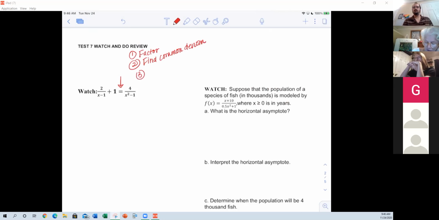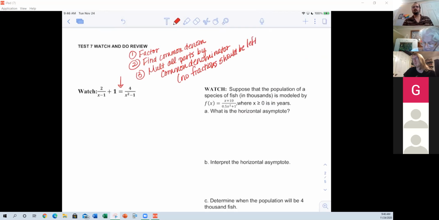And then multiply all the parts by the common denominator. And if you've done it right, the fractions should go away. And then just solve the problem like regular.